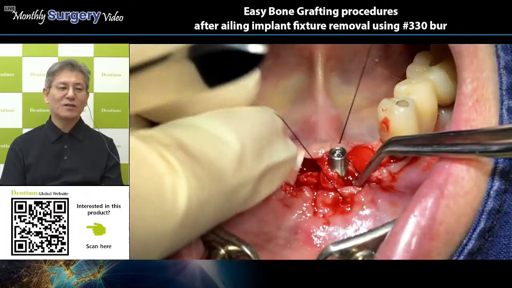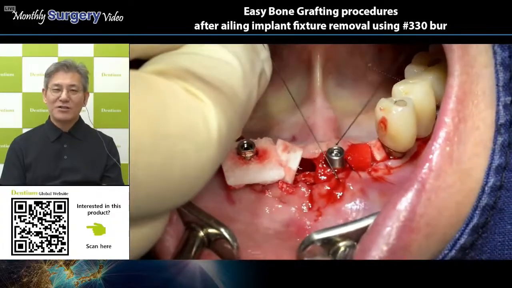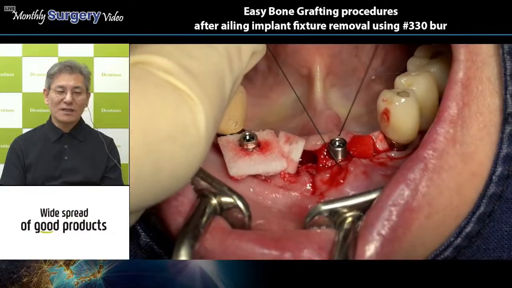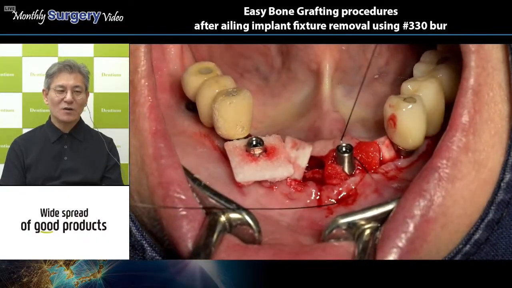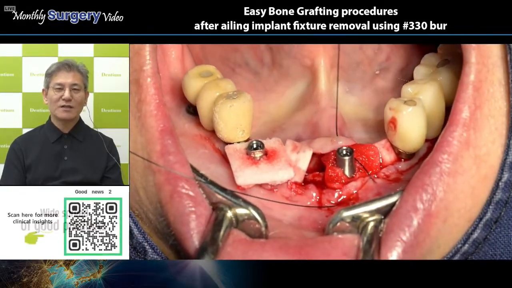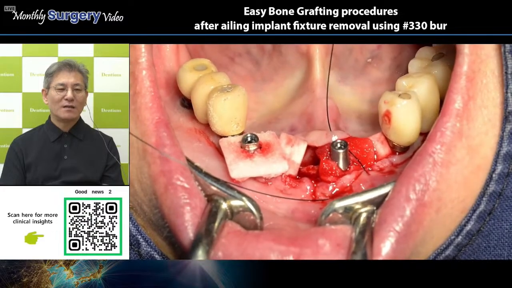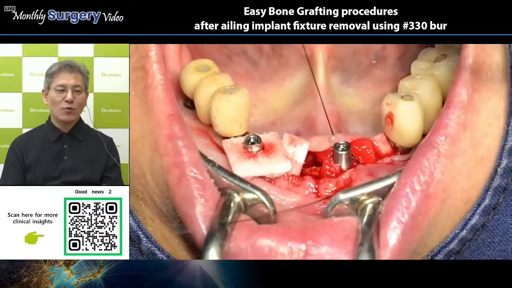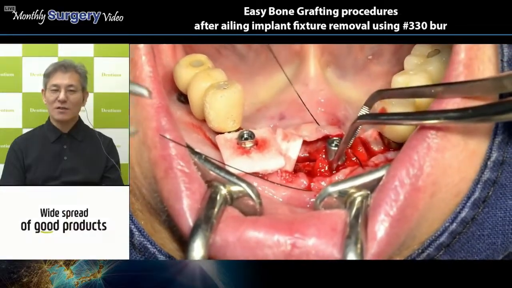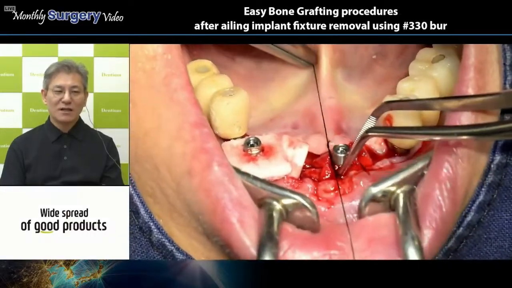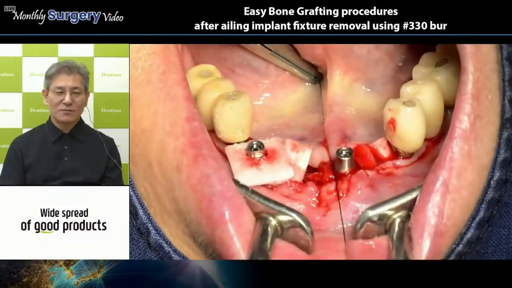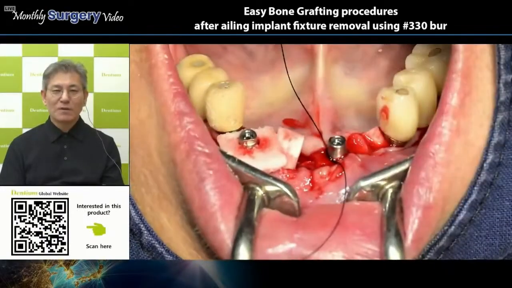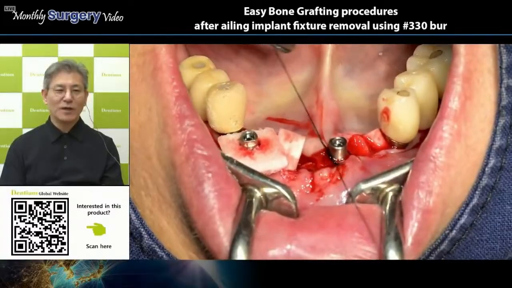Vascular-driven epithelialization is the correct term for explaining the use of this collagen graft. It will be achieved when we use the collagen graft. This collagen graft holds the blood clot and activates some cells to make new bone.